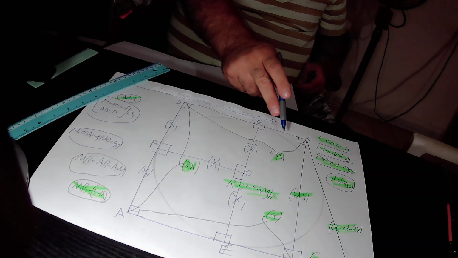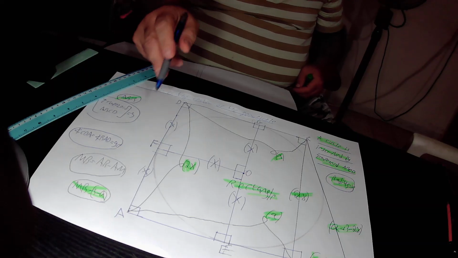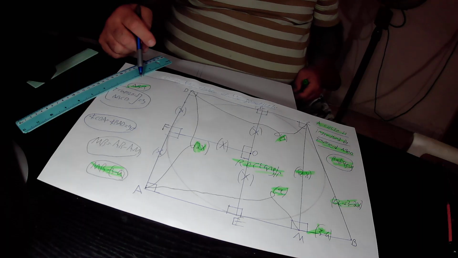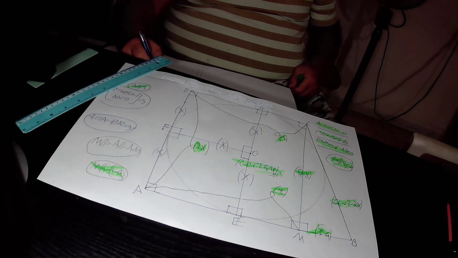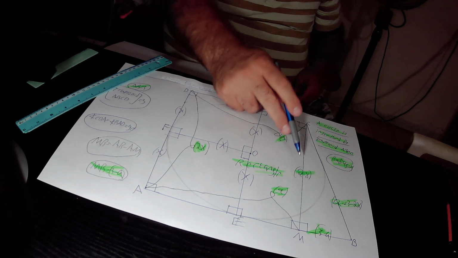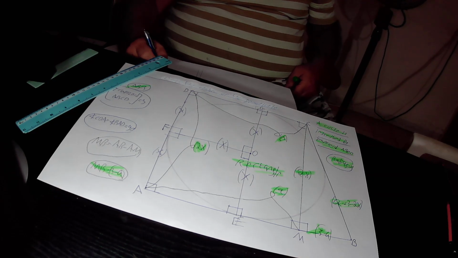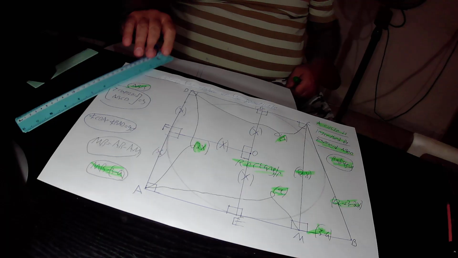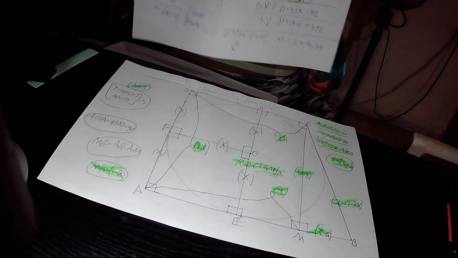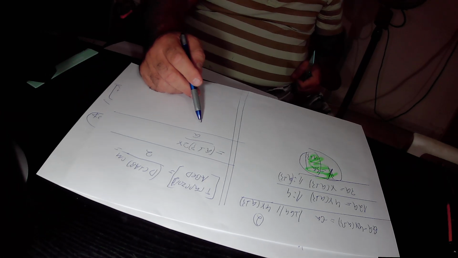DC equals a units in length, plus AB. AB equals 3 units in length according to what is given in the question, times the height CM. CM equals 2x units in length, divided by 2. So in total the area of trapezoid ABCD is equal to (a + 3) times 2x over 2.